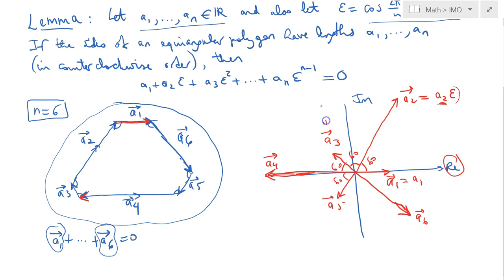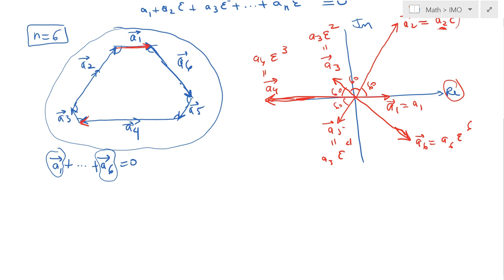So the vector A3 would be A3 times epsilon squared. And similarly, A4 would simply be A4 epsilon cubed. This one would be A5 epsilon to the 4th power, and this one is A6 epsilon to the 6th power. So, long story short, all these vectors now can be replaced equivalently.